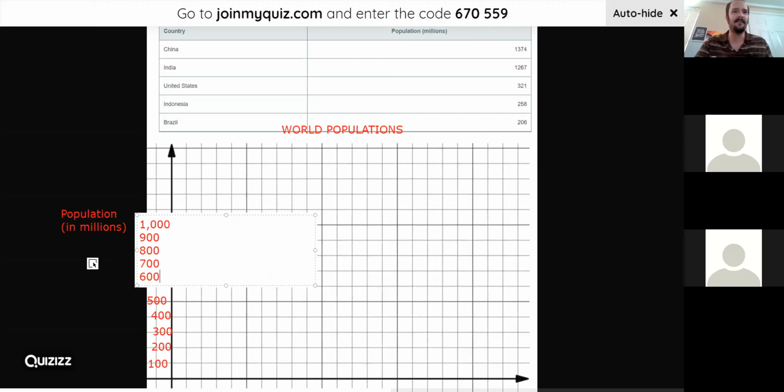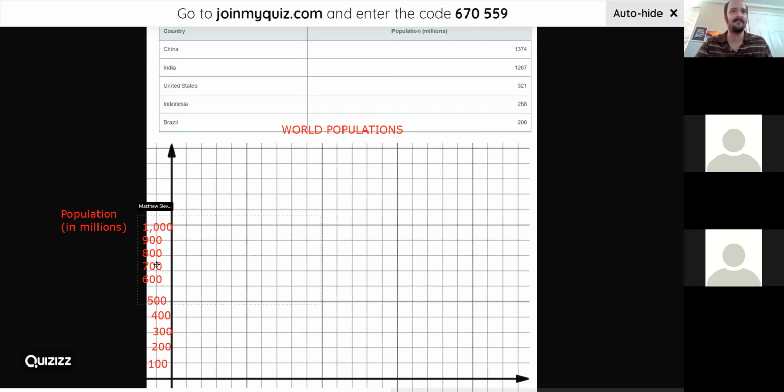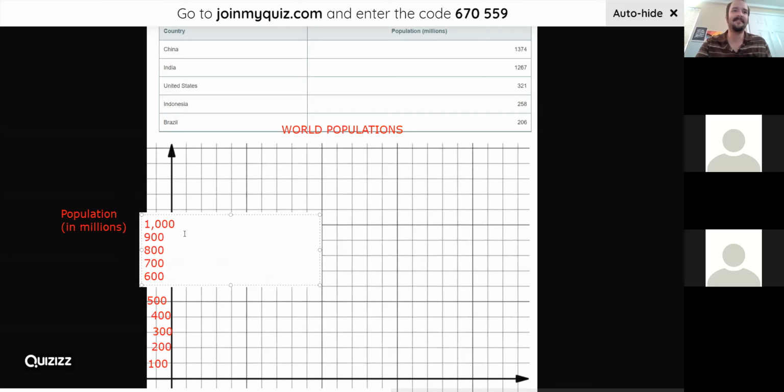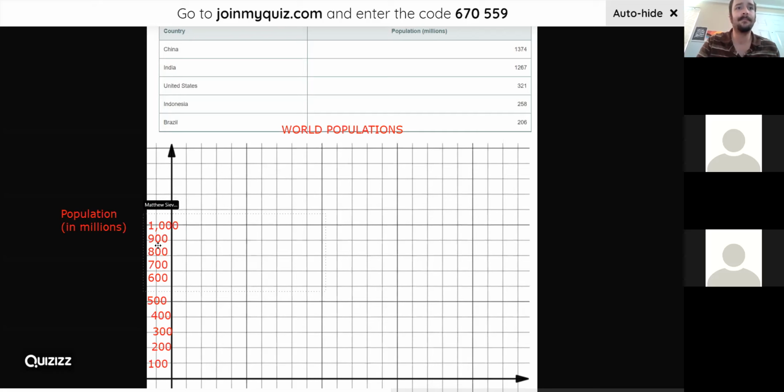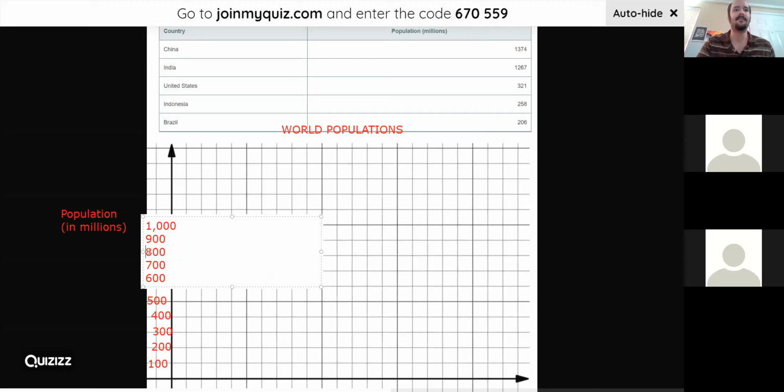Does this space evenly if I do it? I think I did it to where it spaces pretty evenly. Maybe not quite. That's too much. Okay. My 800 is starting to come off.